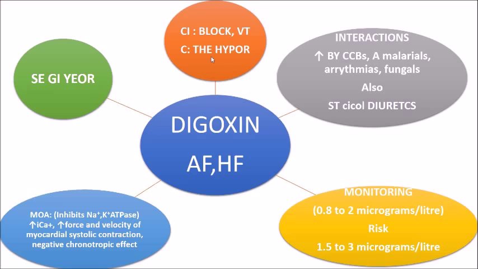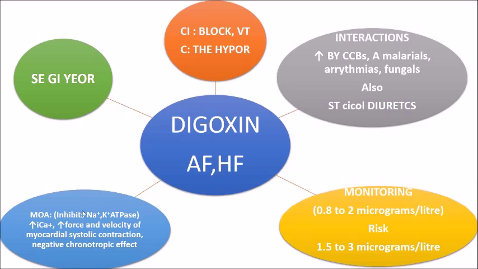When we come to side effects, it's basically GI symptoms, for example, diarrhea, nausea, and it also causes yellowing of vision, and also eosinophilia and rash or skin disorders. So if you remember, GI problems, yellowing of vision, eosinophilia, and rash, you could remember most of the digoxin side effects.